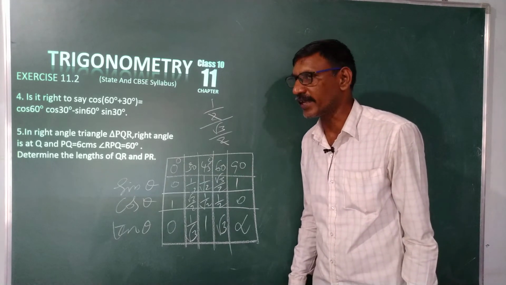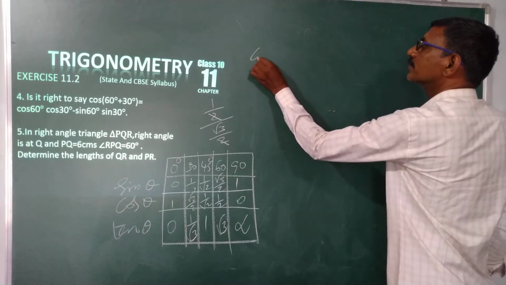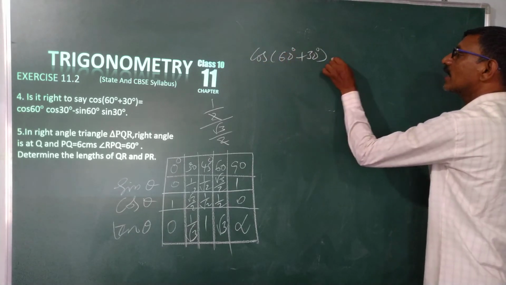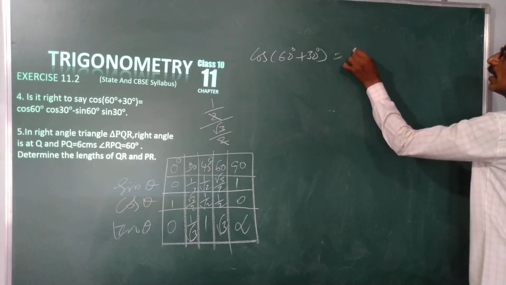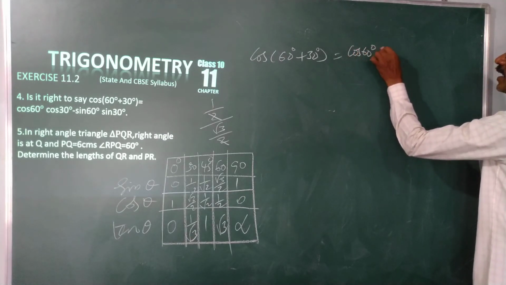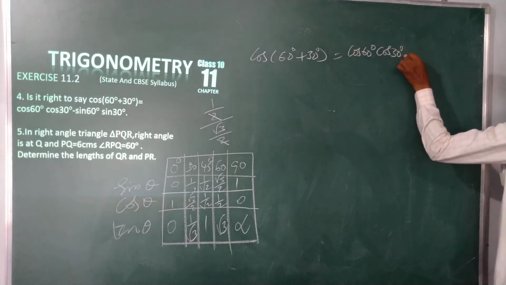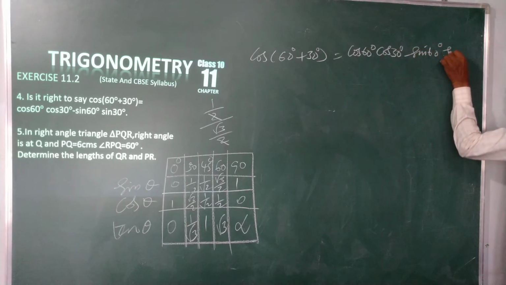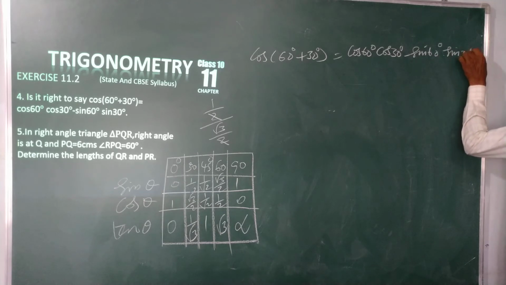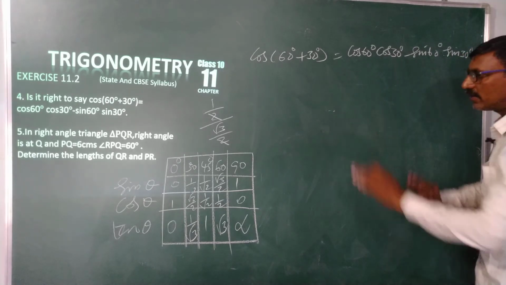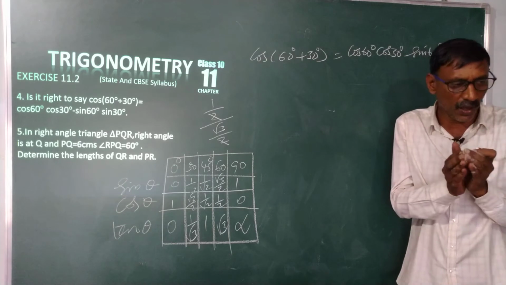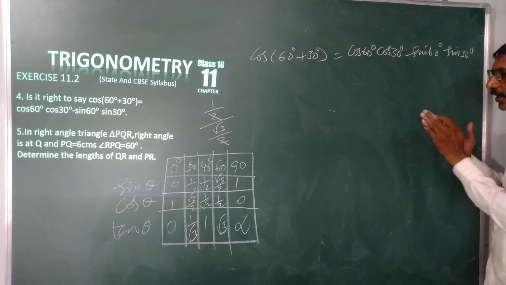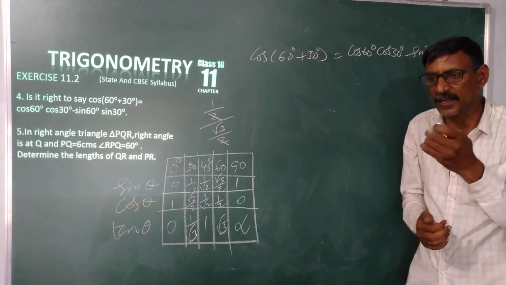Is it right to say cos of 60 degrees plus 30 degrees is always equal to cos 60 cos 30 degrees minus sin 60 sin 30 degrees? To solve this problem, I would like to solve LHS separately and RHS separately.